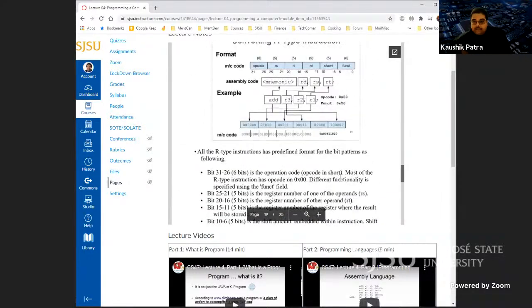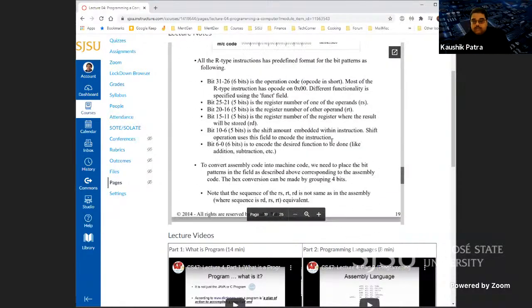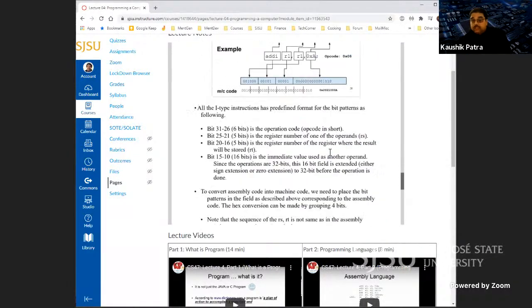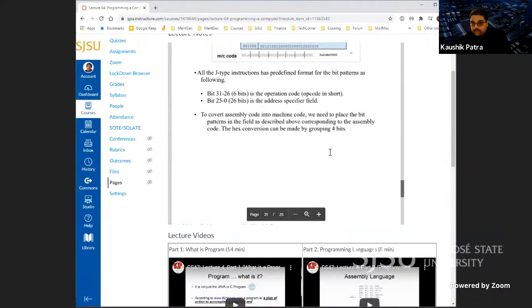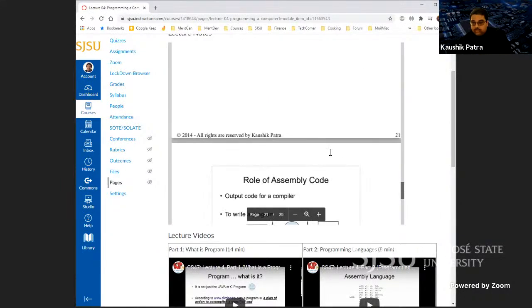We have examples of R-type, I-type, and J-type instruction conversion. Please go through that.